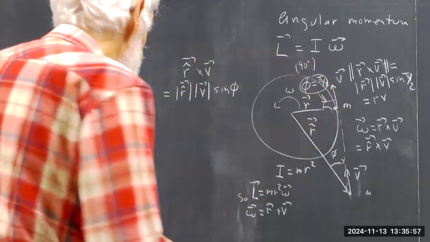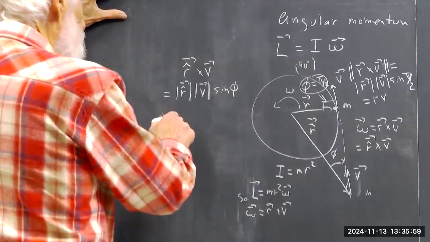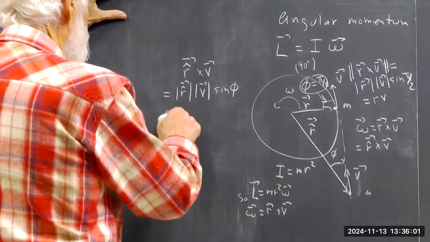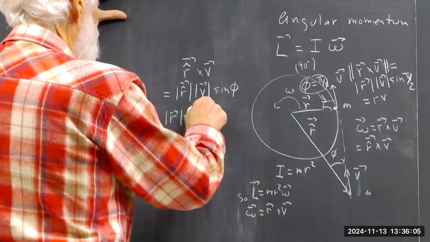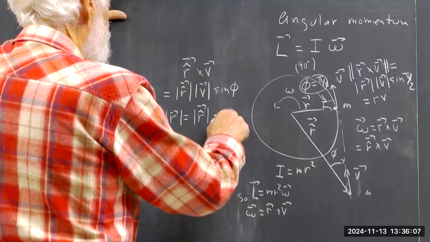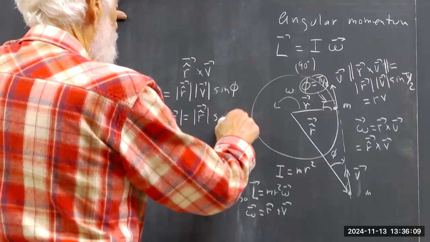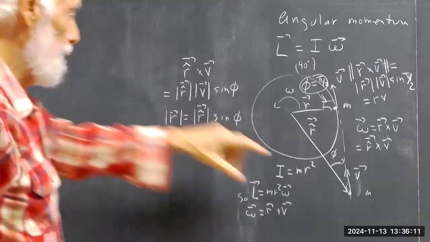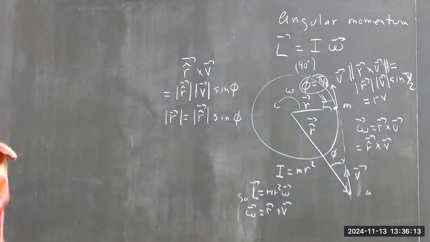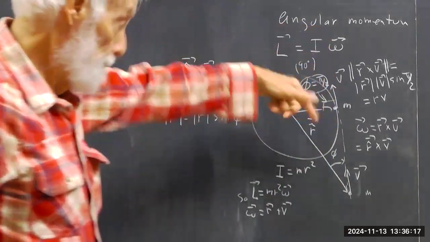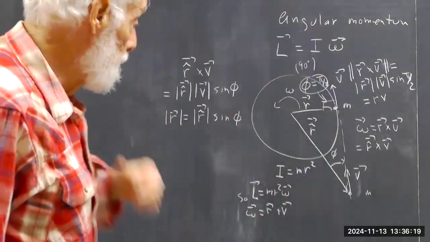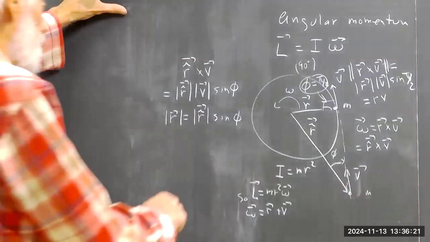Okay. So I'm going to say that magnitude of your R vector is equal to the magnitude of your R hat vector times sine of phi. By this triangle, it's right there. As long as this line's in the same direction as this V, tangent to the circular path, there it is.